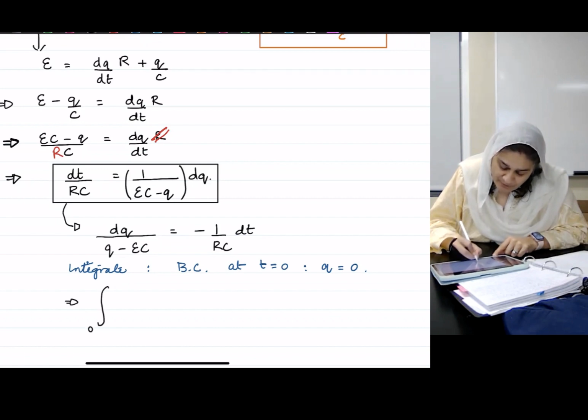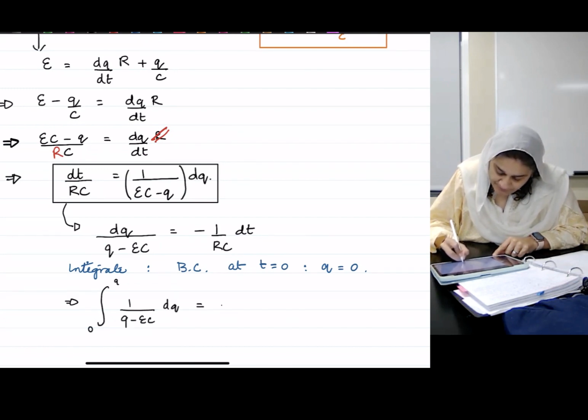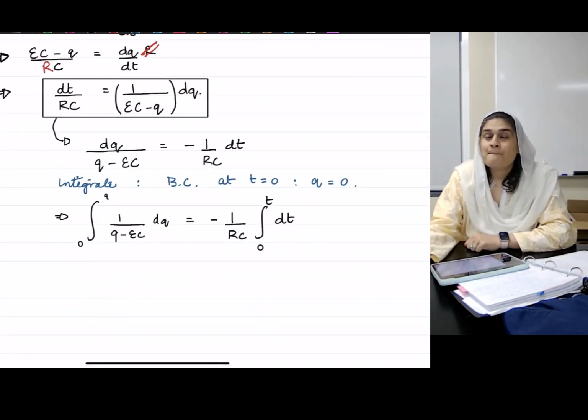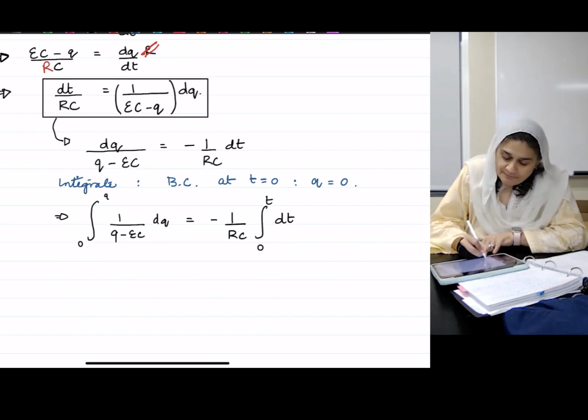Integration from 0 to Q of 1 over Q minus EC dQ equals minus 1 over RC integration dt from 0 to t. What's the value?